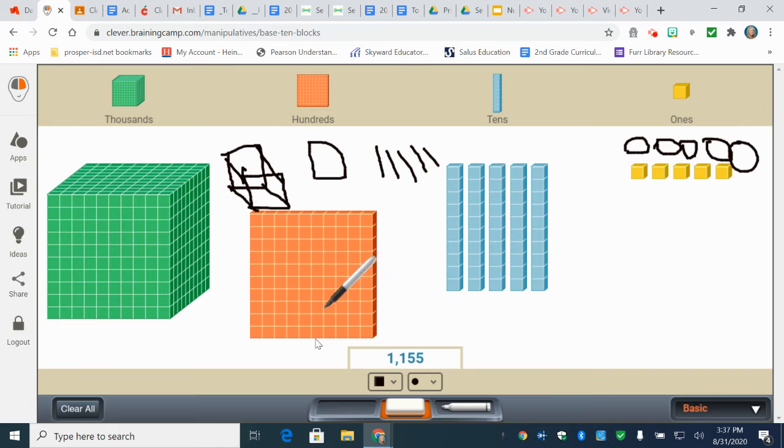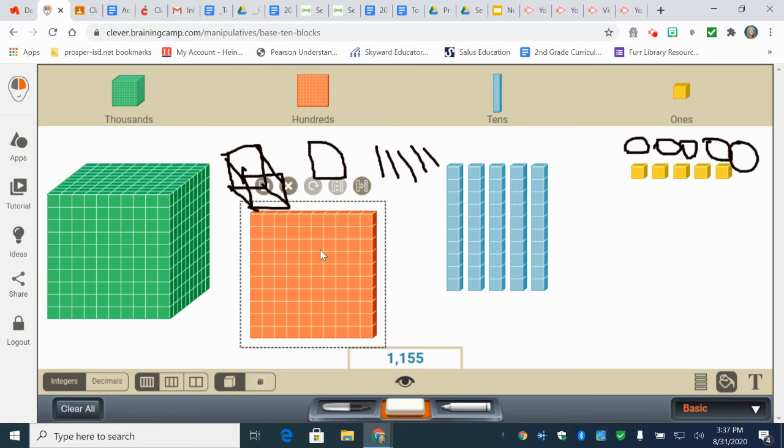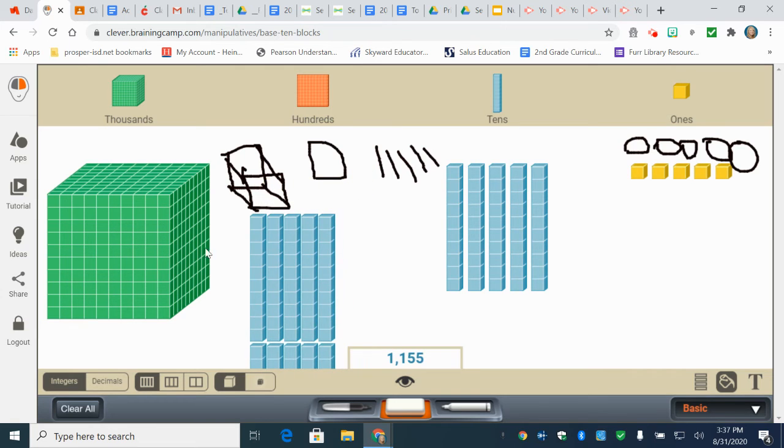All right. Now I can decompose that some different ways. I might want to decompose that by breaking up the 100. So now I have 1,000. Let me erase that. I don't have any more hundreds. So now I have to turn that into 10 tens.